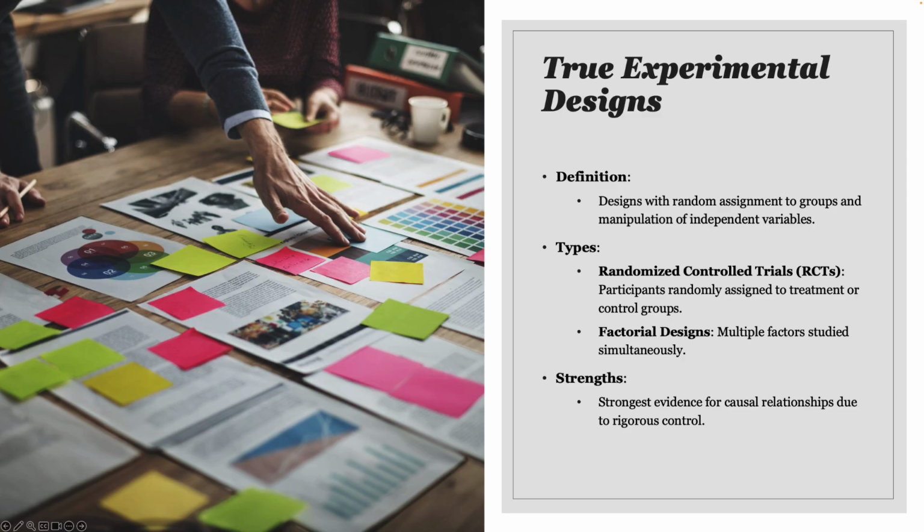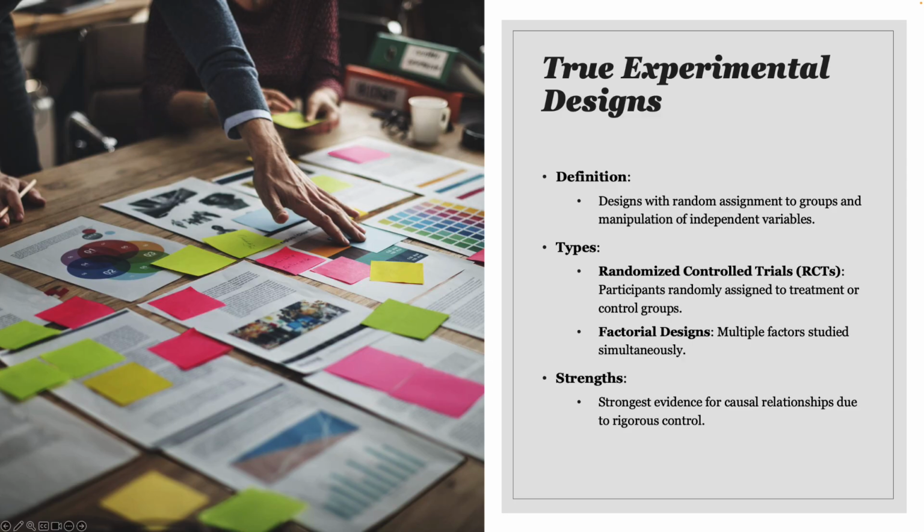So this type of design allows researchers to establish cause and effect relationships, and that's why we do research. But most importantly, it allows us to establish this cause and effect relationship between variables through systematic manipulation and control, right? That is something that the pre-experimental designs did not have.